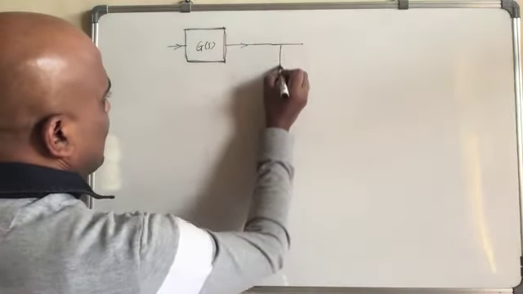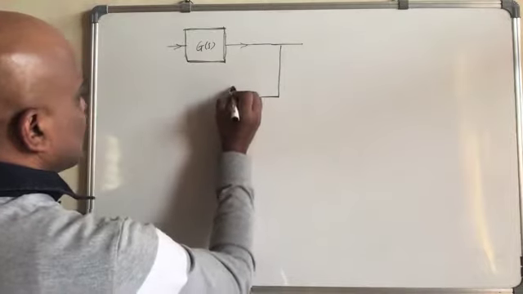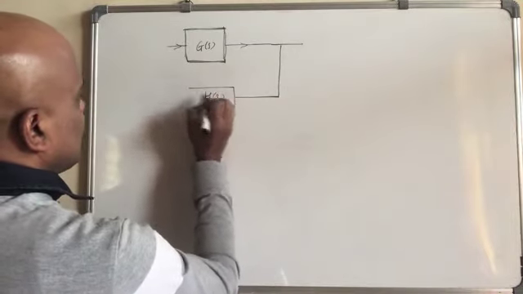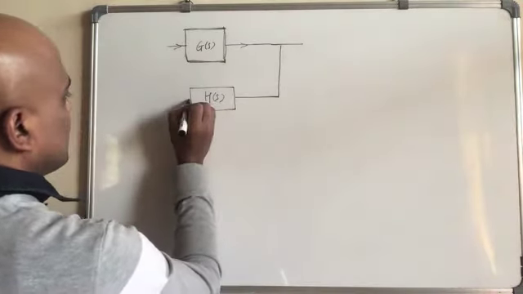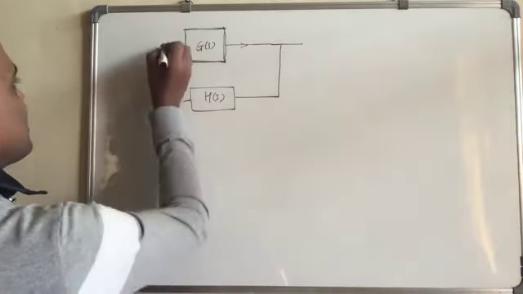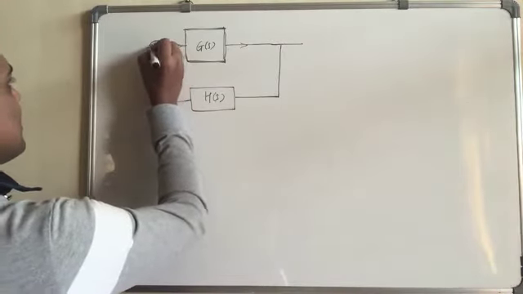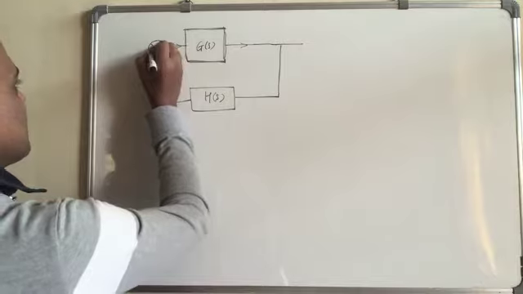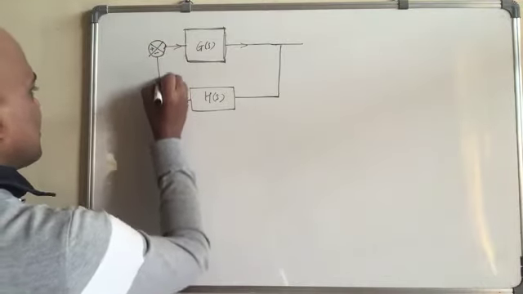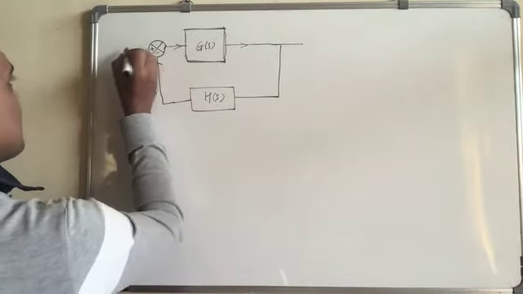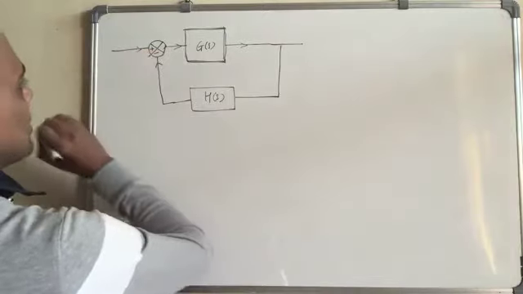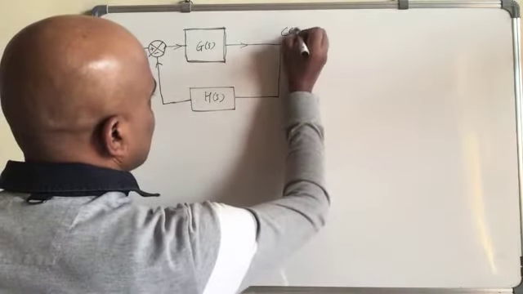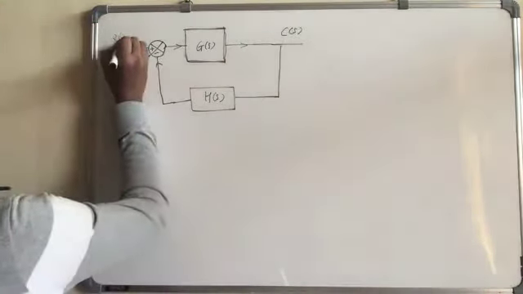And here we have H(s). This is the feedback transfer function. This is the summing point, plus minus goes like this. This is C(s), R(s).